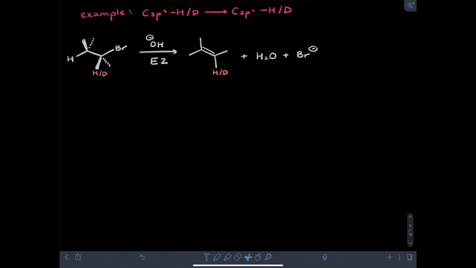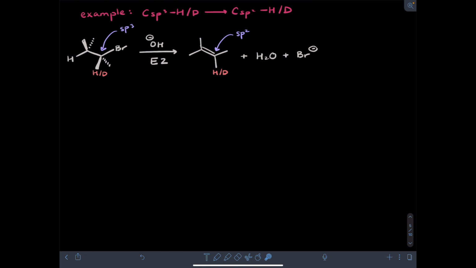Let's consider an example where we're going from carbon sp3 hybridization to sp2 hybridization. An example of this is in the following E2 reaction. The hydrogen that's deprotonated during the E2 elimination reaction is this beta hydrogen, and the hydrogen or deuterium stays attached to the carbon through the whole reaction.